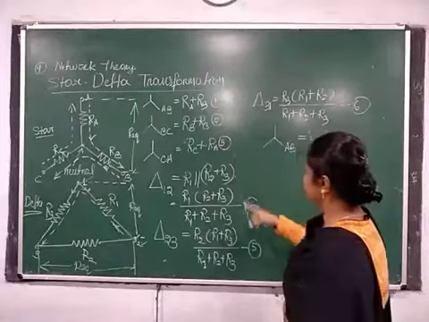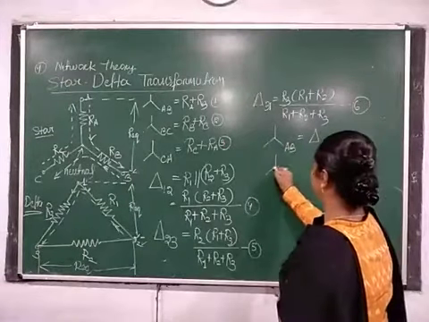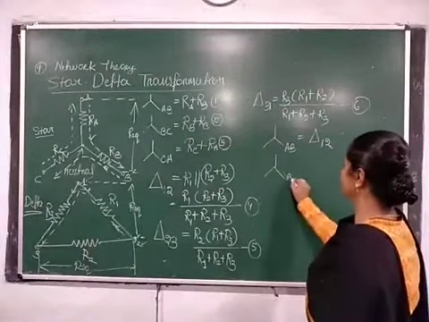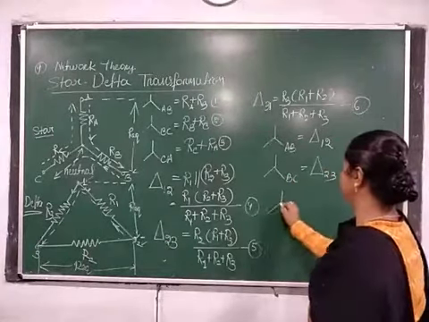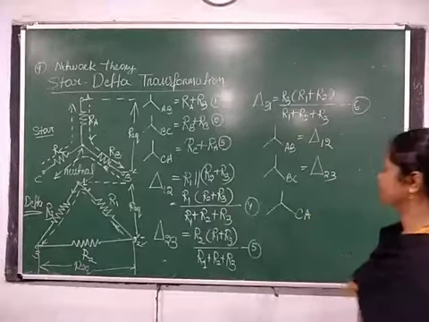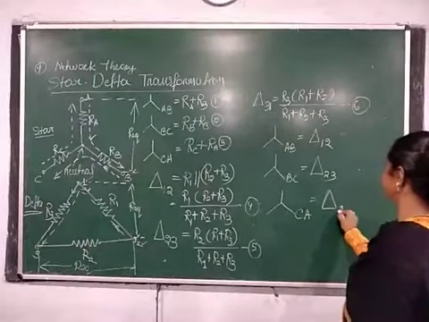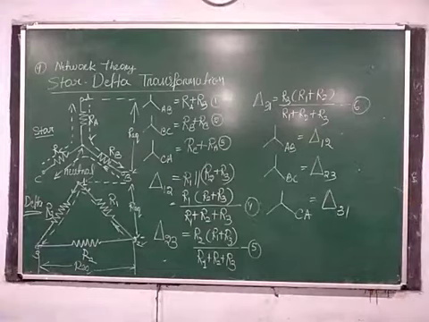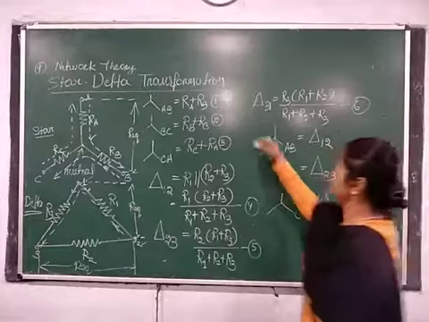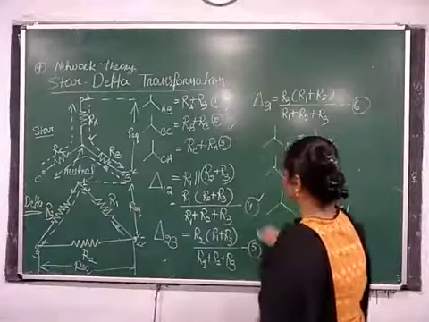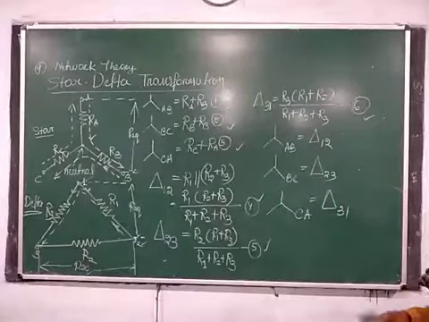Similarly, equation 2 and equation 5, and equation 3 and equation 6. In star, the resistance between B and C equals, in delta, that between 2 and 3. Similarly, the resistance between C and A equals, in delta, that between 3 and 1. I equate equation 1 with 4, equation 2 with 5, and 3 with 6.